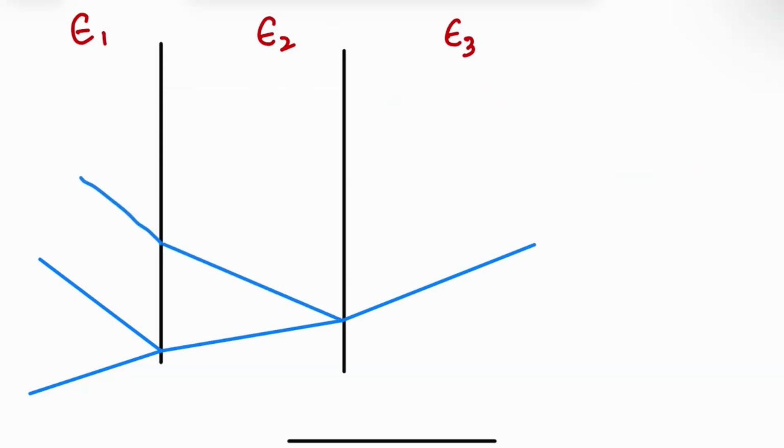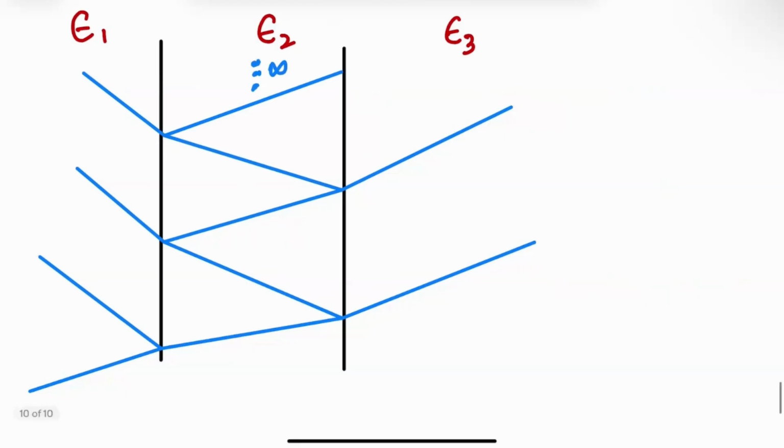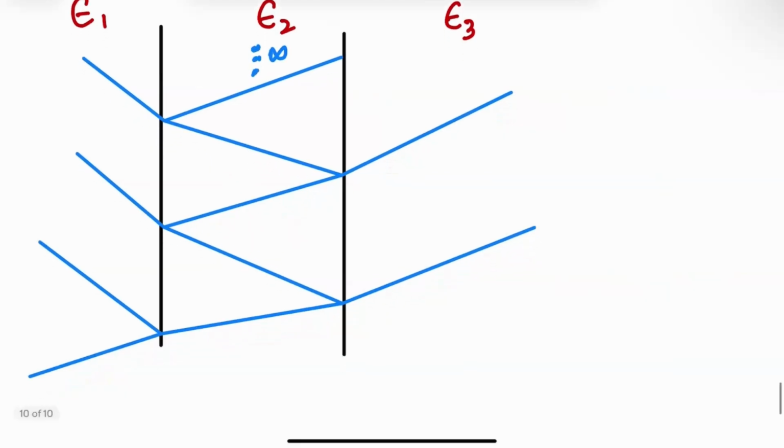Some of it went out, and some of it got reflected back. Then again, at this interface, you have transmission and reflection. Again, transmission, reflection, and so on. You'll have infinity of these. Keeps happening over and over again. And we want to study this kind of phenomena.